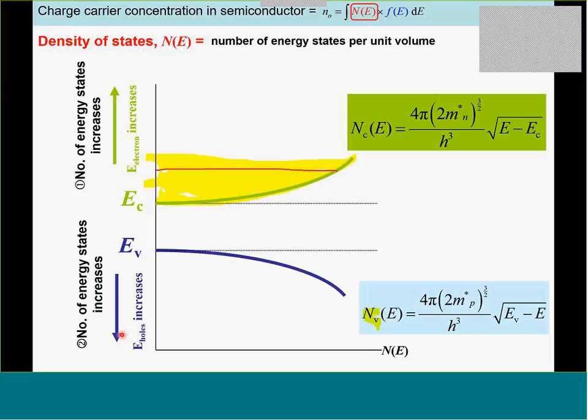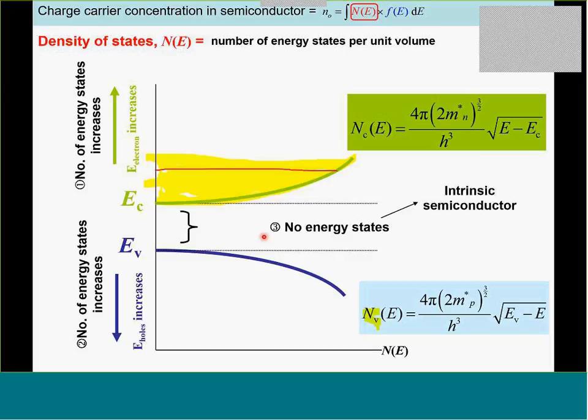But what about the energy states between EC and EV? You don't see any energy states here. And if you look here, when there is no energy state, it means your semiconductor is an intrinsic semiconductor.